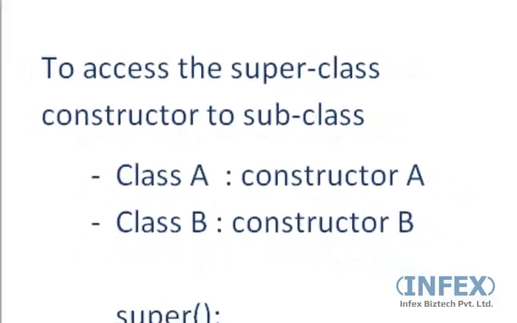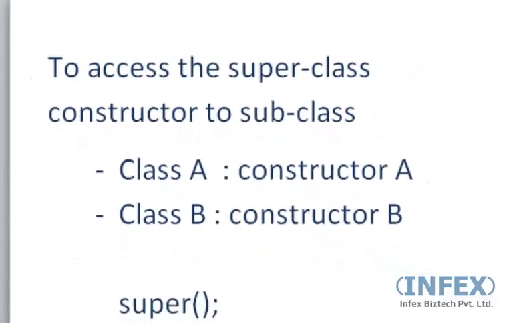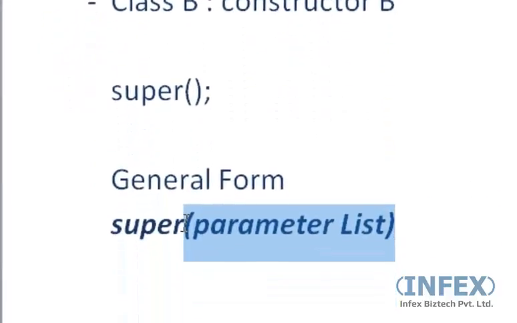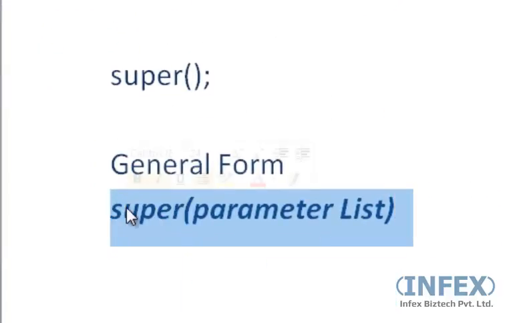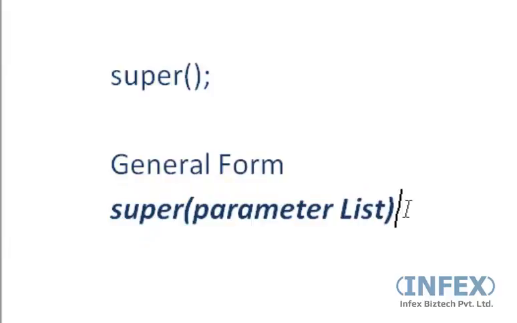Now to access the superclass constructor from the subclass, class A has constructor A, class B has constructor B. General form to access the constructor of superclass: we just need to write super. If there is a parameter, then you should write super, parameter list, semicolon.